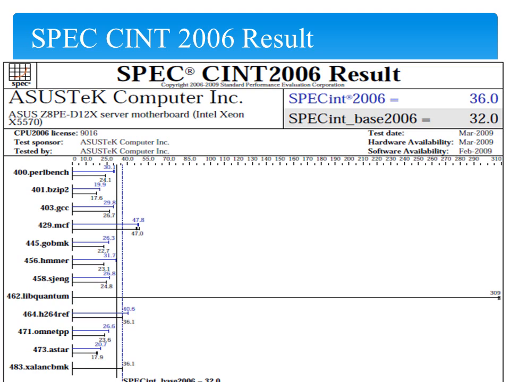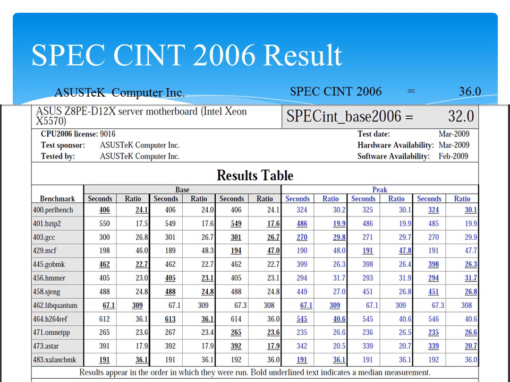Coming to the SPEC CPU2006 benchmark. First of all, SPEC is the Standard Performance Evaluation Corporation, which is a non-profit corporation formed to establish, maintain, and endorse a standardized set of relevant benchmarks that can be applied to the newest generation of high-performance computers. Here are the results of the benchmark tests in the table.